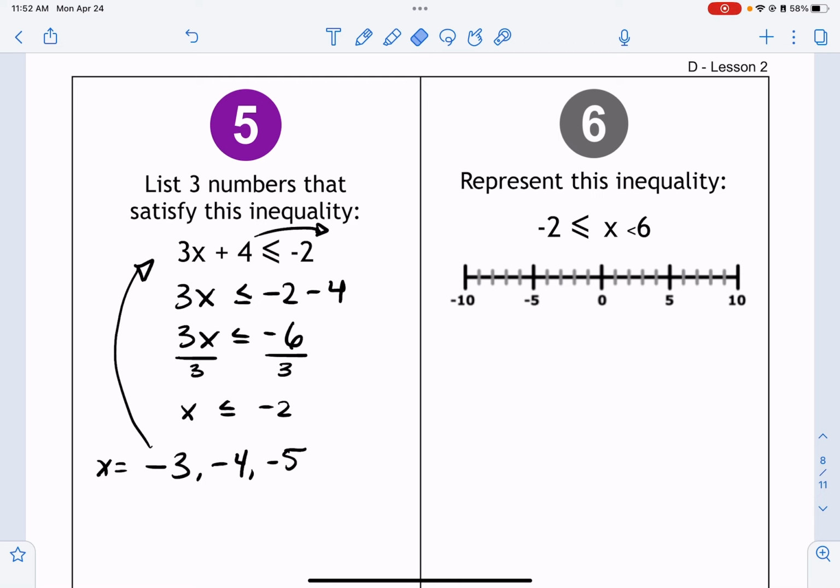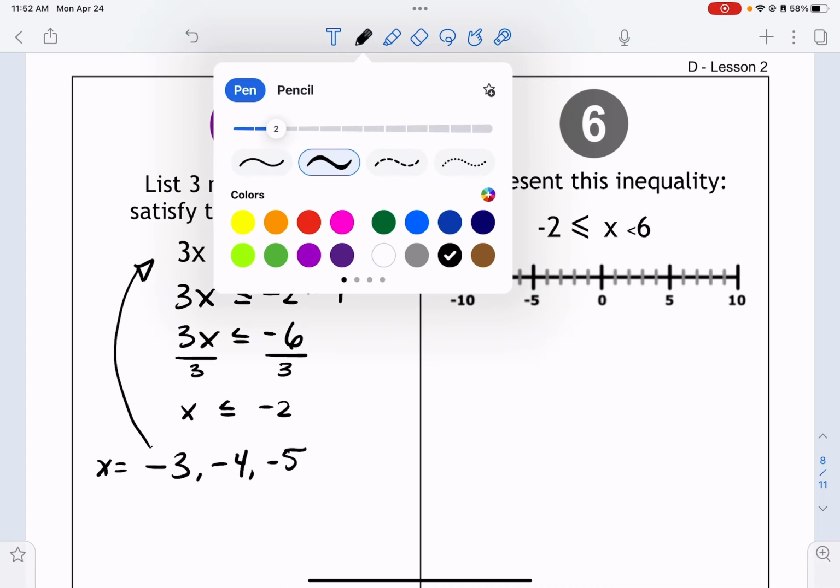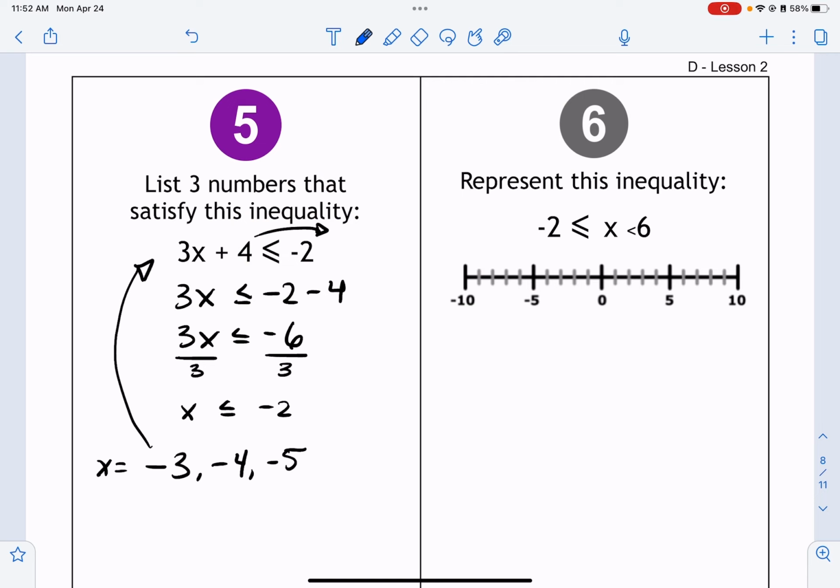All right, and then represent this inequality. Negative 2 is less than or equal to x is less than 6. We can do the whole in and out thing, but let me show you what it would look like if we didn't. We know negative 2 is in this inequality, and it's included through equality, so we can draw a filled in dot there at negative 2.